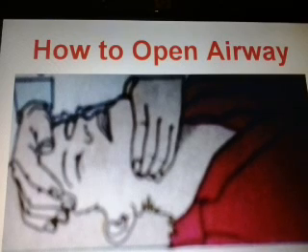How to open the airway? The airway may be blocked in a casualty due to loss of the cough reflex that allows the tongue to sag back and block the airway.